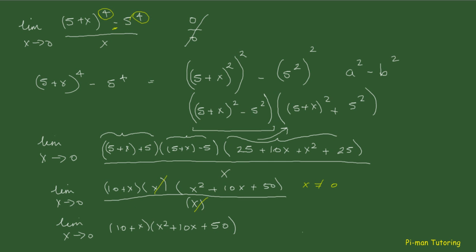And now if we substitute in the value of 0, we will get 10 multiplied by 50, which is 500. So a bit of factoring, and we got to the answer. Again, it's always a good idea just to convince yourself, plug this into Desmos, and make sure you get the answer you expected.